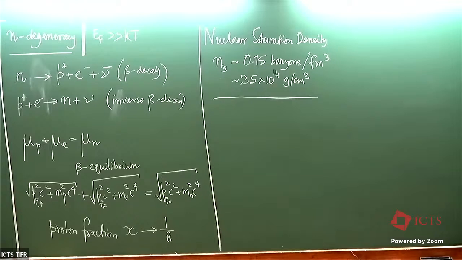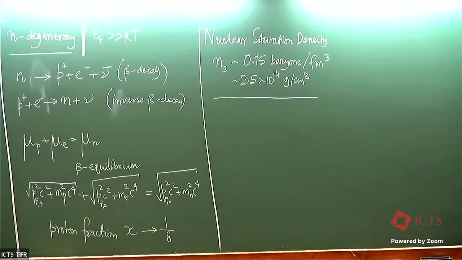And that's simply because protons have charge, so there is a Coulomb energy that enters in the total energy of the system. So having more neutrons is more favorable when the Coulomb repulsion becomes important.